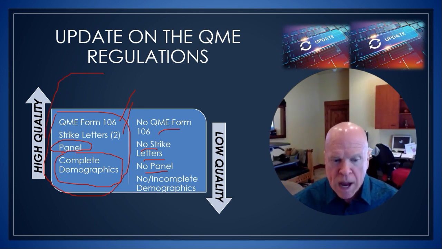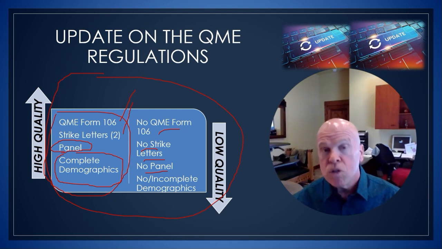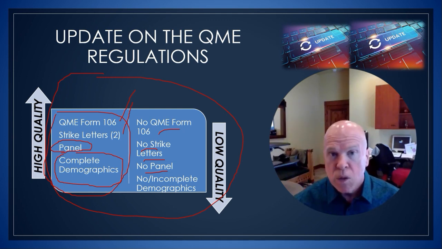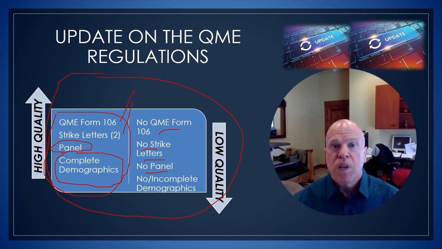So this is a tried and true sequence. It complies with all of the regulations. It complies completely with Labor Code Section 4062.2(c), which deals with the striking process and the 10-day time period. And you need to understand what's going on behind the scenes that causes your phone to ring in the first place.